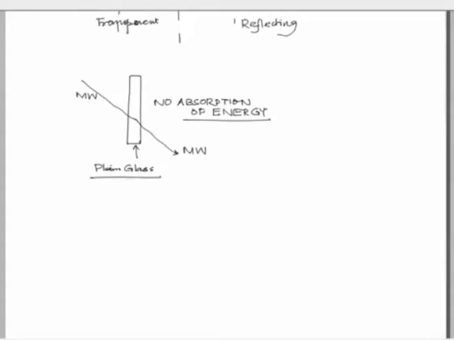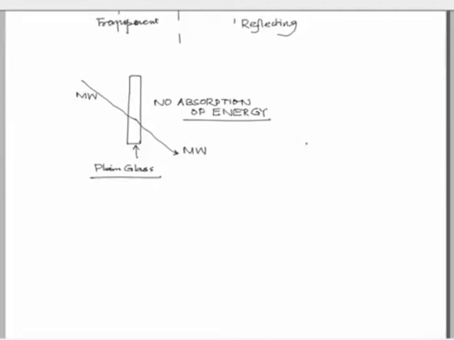To get some work done, we need energy, and that energy must come from the electromagnetic waves. If it is completely transparent, then we do not have any energy to work on or get the material heated. Therefore, these kinds of materials are difficult to process through microwave.